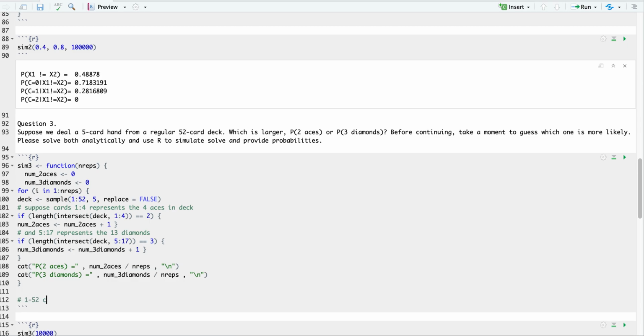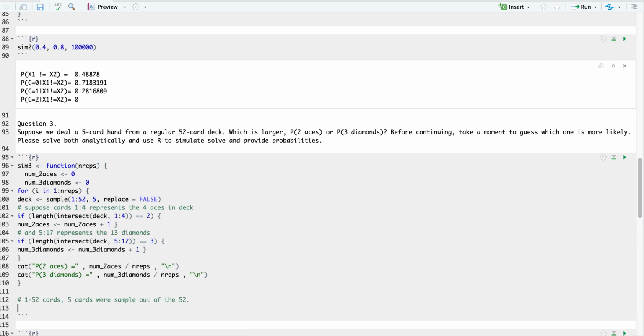1 to 52 cards were simulated, and 5 cards were sampled out of the 52. And then you just check the values.